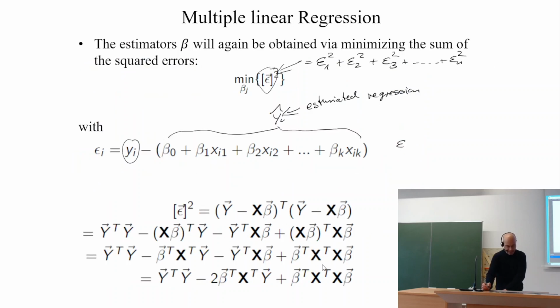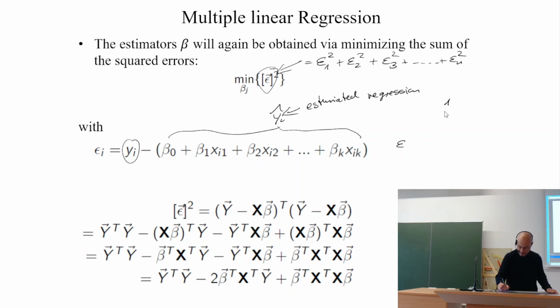This we have to multiply twice, and for this hopefully you know also from school or from your introductory courses in mathematics that when you are multiplying vectors, you then have to transpose the first part.